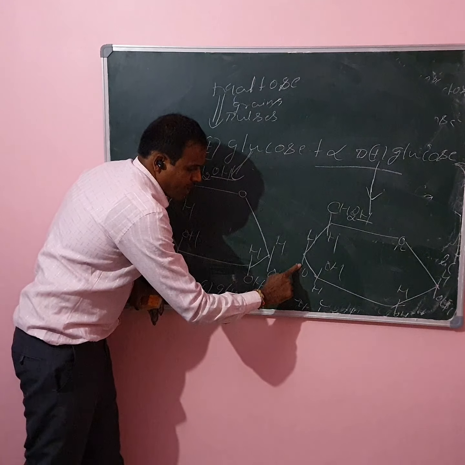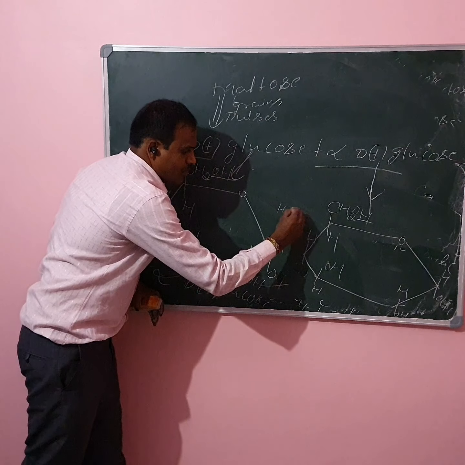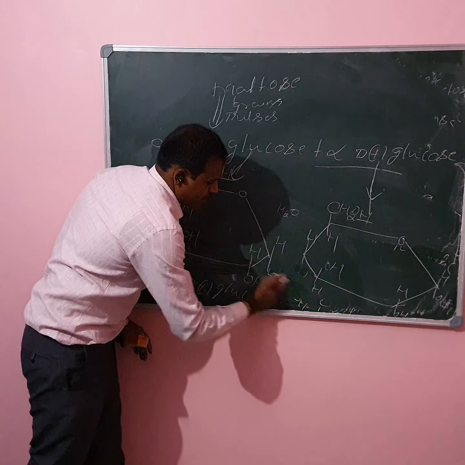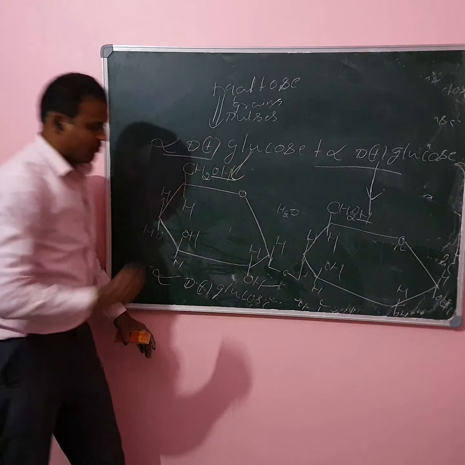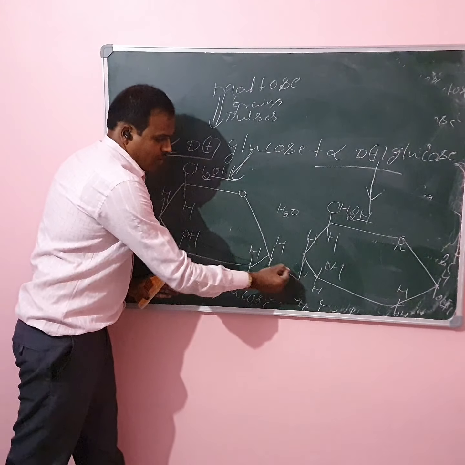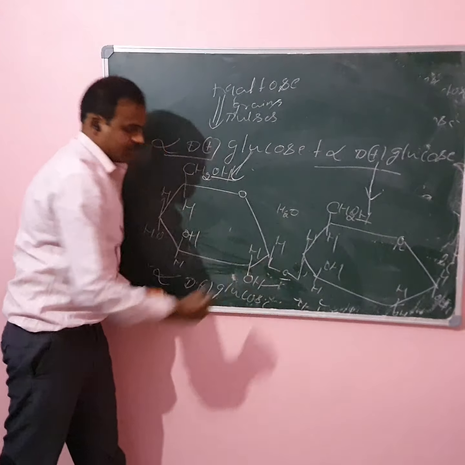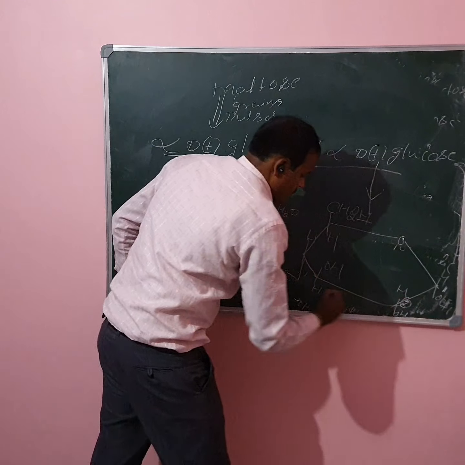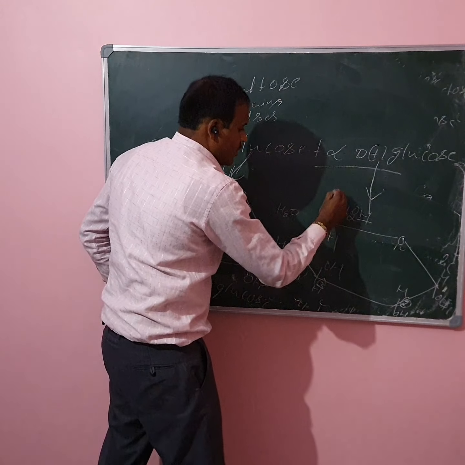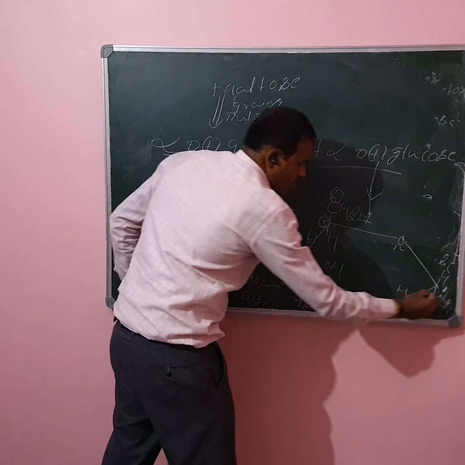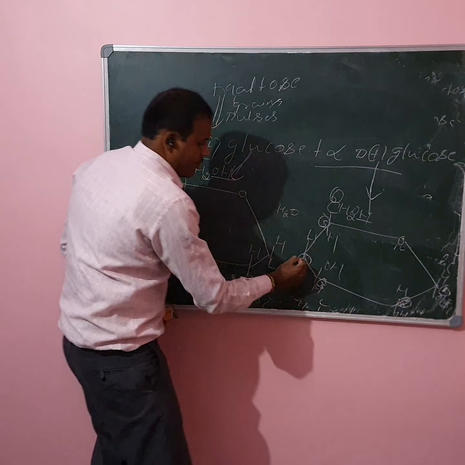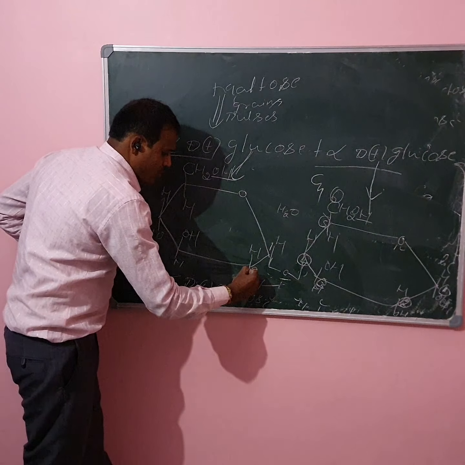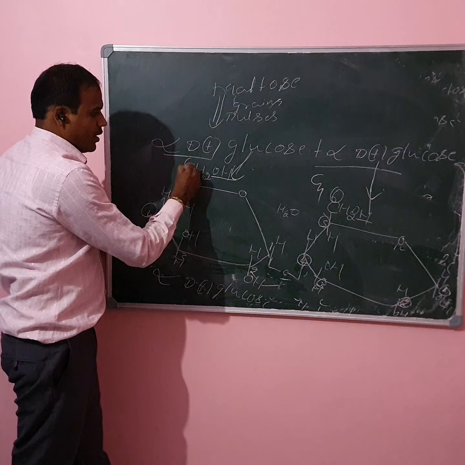One hydrogen is removed and one oxygen is removed, H2O is removed, simply said, and this is the oxygen linkage. Numbering 1, 2, 3, 4, 5 and 6 on each ring.